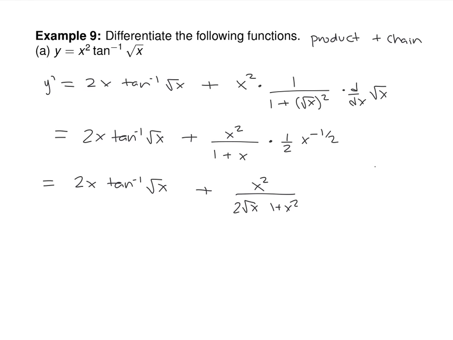What should I have there? Parentheses. This piece right there is 1 over 2 root x, right? If you do a fraction times a fraction, the numerators multiply, the denominators multiply, and that's what it would look like. It doesn't matter what order this is in, it's just that the denominator includes both 2 root x and the 1 plus x squared. You could also distribute it if you wanted to.